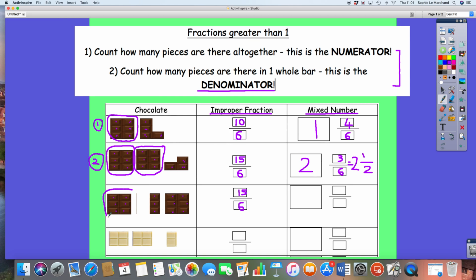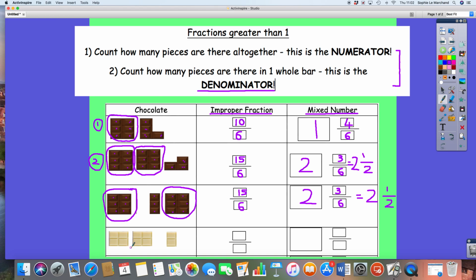Well, I've got 1 whole bar there, and I've got 1 whole bar there. So just like last time, I've got 2 full bars, and then I've got 3 chunks left over out of a full bar, which would have 6. So exactly the same as last time, it's just set out differently in the picture. So I've got 2.5 bars of chocolate.